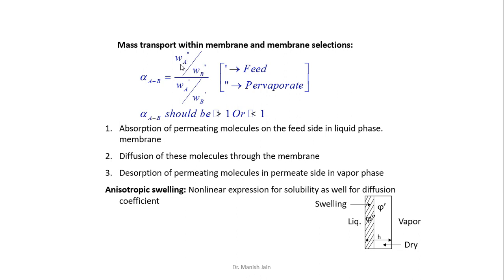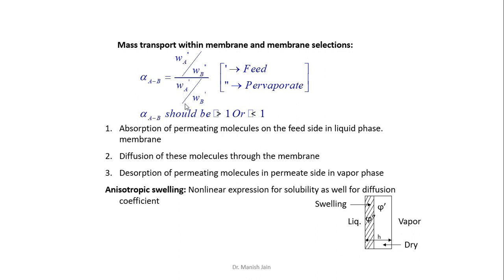Suppose the concentration of A is less than 1%, then the concentration of B will be greater than 99%. If the membrane is not very selective, then this term will lead to w_A double dash divided by w_A dash. So basically this represents how much the concentration is enhanced in the permeate side in comparison to the feed side.